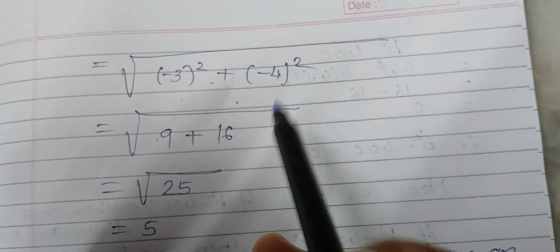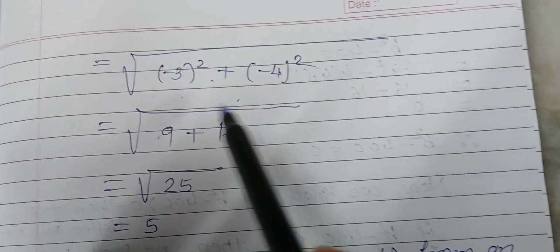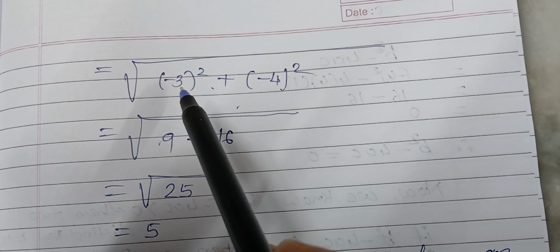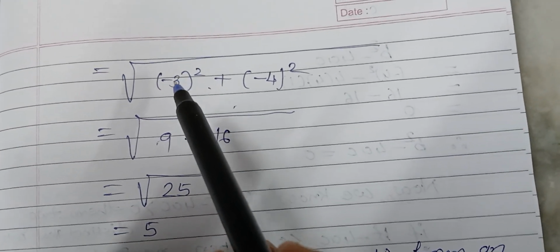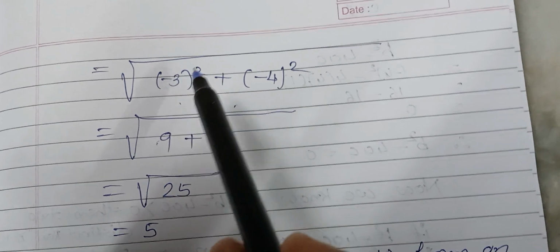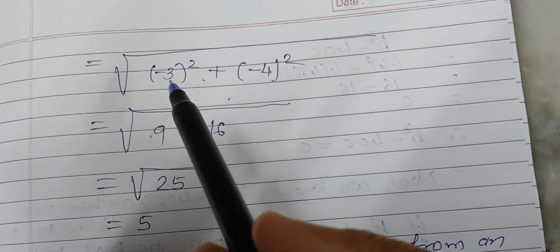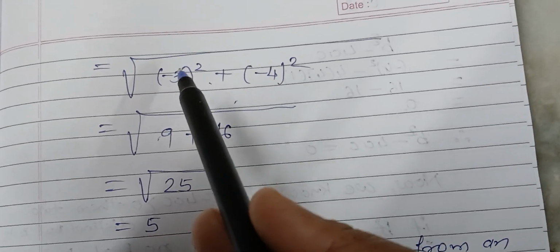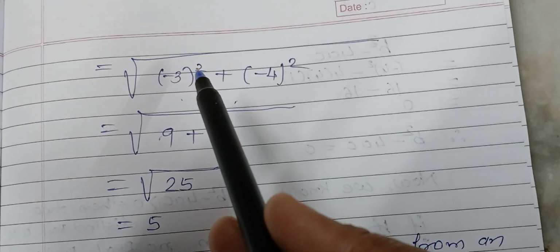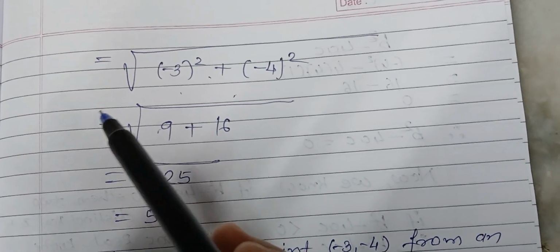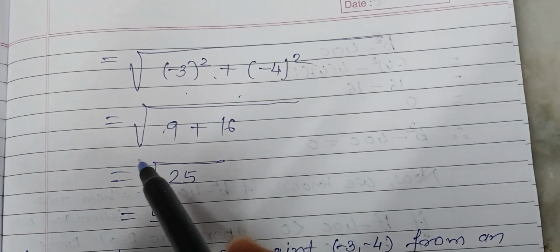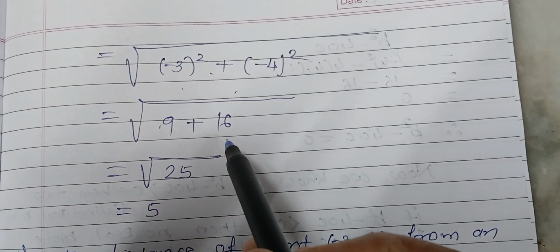So 1 into 16 is 16. That means if you consider any number with the negative number, if we are taking the square, then we have to square that number and the minus sign will go away. Why? Because we are squaring that minus sign. Minus is -1, so we are squaring, so -1 into -1 is 1. That's why it remains as a positive sign.